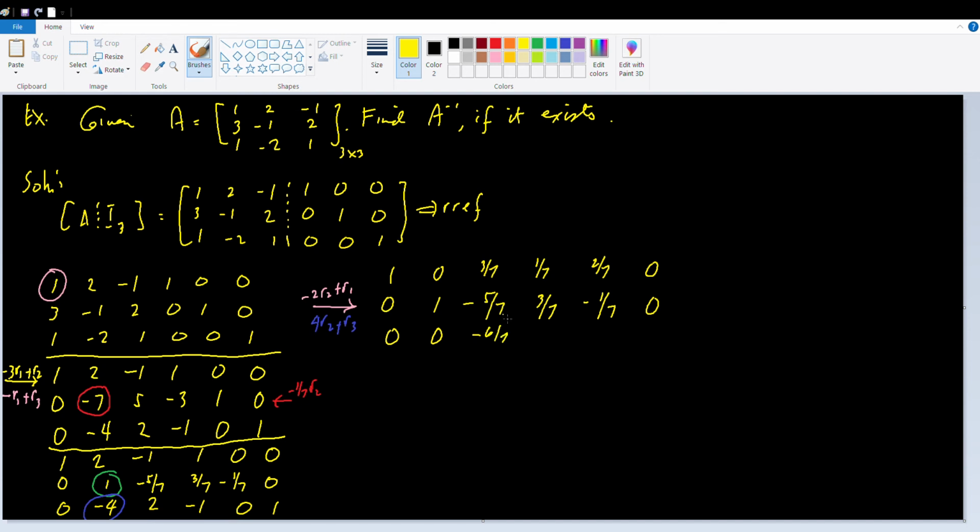Then 4 times 3 over 7 is 12 over 7 plus negative 1 is 5 over 7. 4 times negative 1 over 7 is negative 4 over 7 minus 1 is negative 4 over 7. And 4 times 0 is 0 plus 1 is 1. Okay.